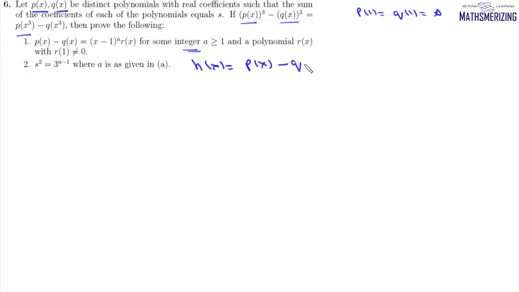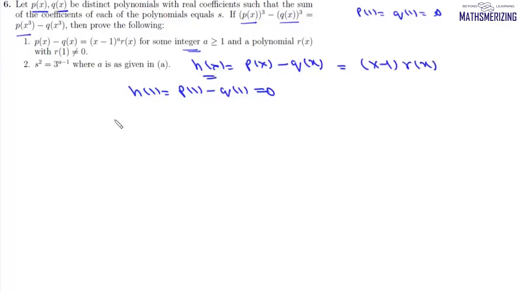Now what we'll do is we'll write H(x) as P(x) minus Q(x). Now H(1) will be P(1) minus Q(1), which is equal to 0. That means we can write this H(x) as P(x) minus Q(x), and it will be (x minus 1) into some function, say R(x).